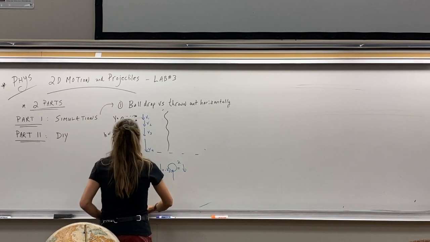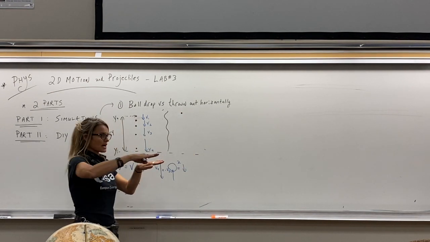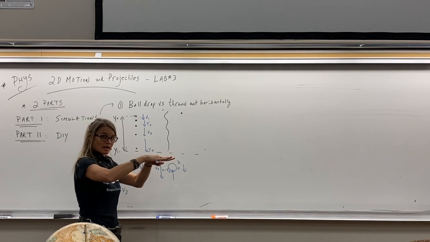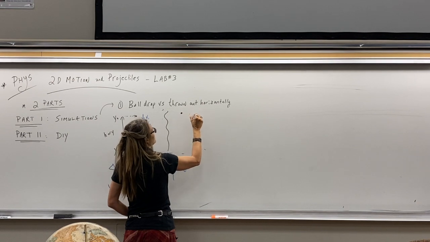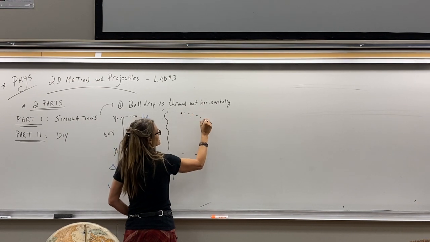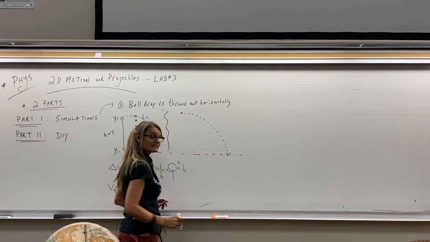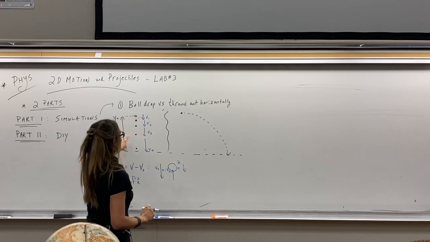Now, if I throw a ball horizontally at the same time I drop one, and my timing is exactly the same, this is what the path will look like. Now we're giving it a horizontal velocity. But the vertical motion is exactly the same as just dropping the ball.